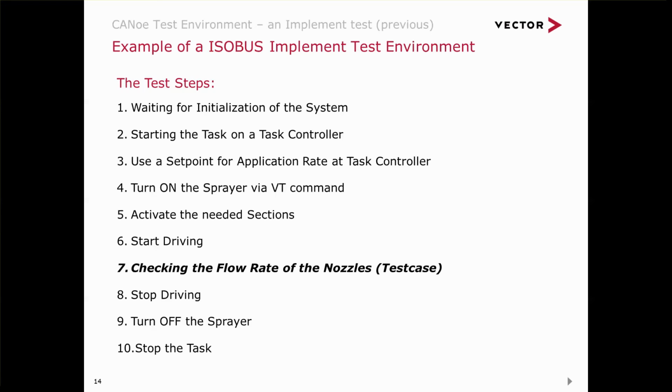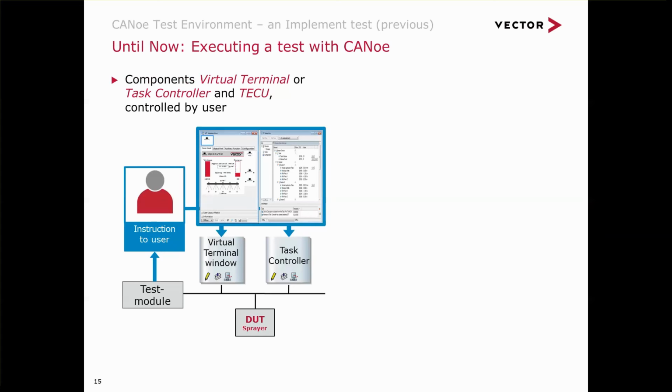As I told before, the problem in our previous concept is that we need an instructor to the user, where the test module gives instructions, and the user has to give the input to these components, terminal and task controller.